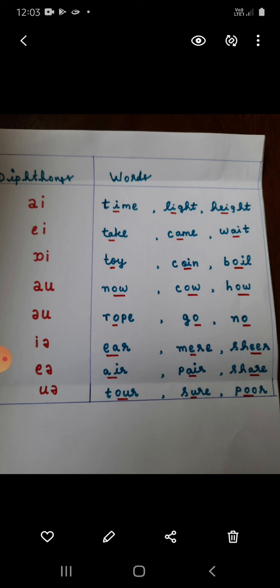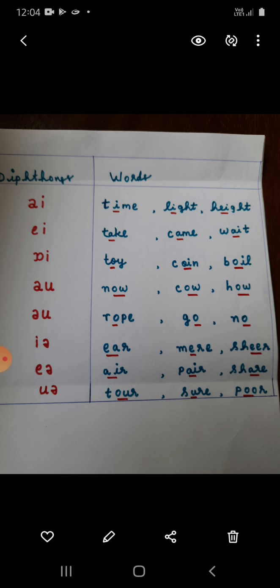U plus a, ua. If you are going through the textbook, we can see that the writing style is a little different in that textbook. That may sometimes be a printing mistake. The real style of writing it is U and reverse E. That is the alphabet small letter U. It's pronounced as U, and reverse E is pronounced as A. So that is UA.